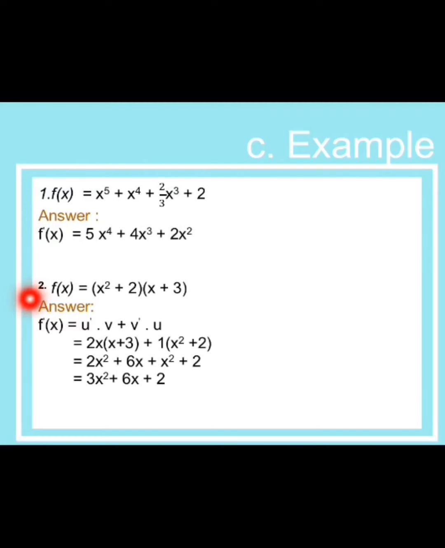Number 2. F of x equal x squared plus 2 times x plus 3.